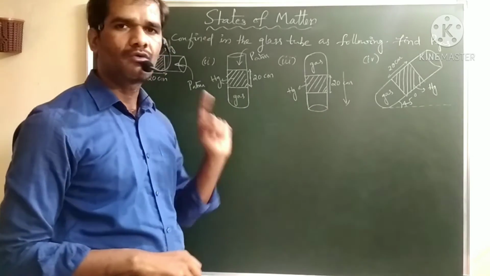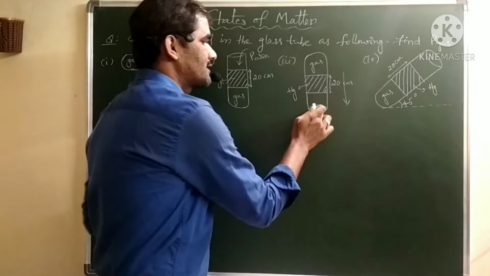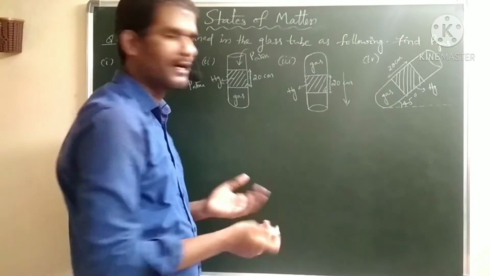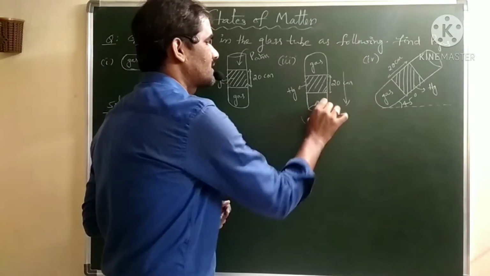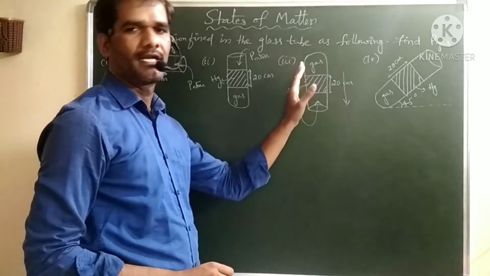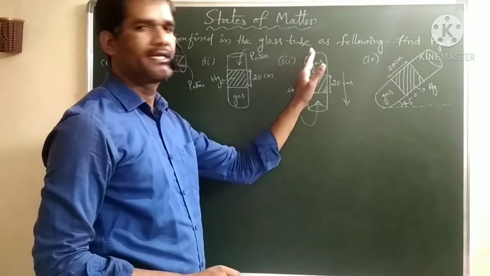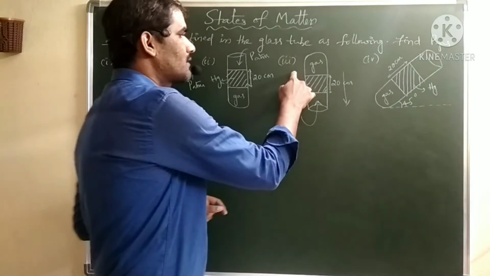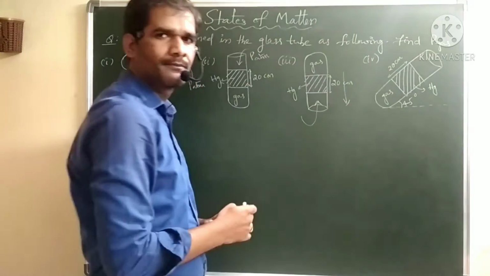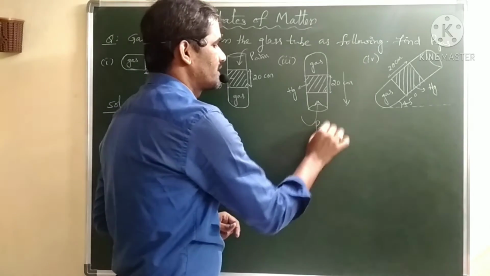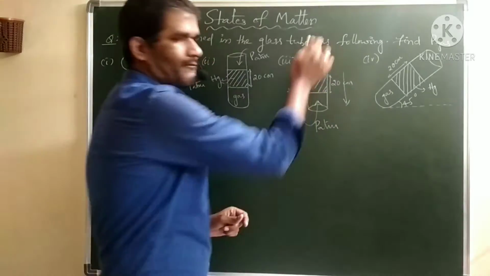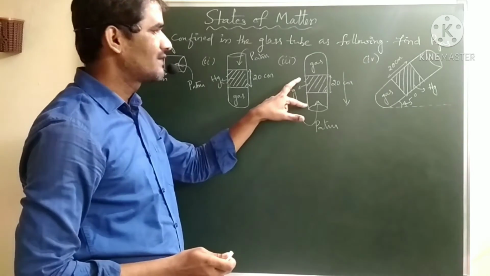Again the tube is open, so atmospheric pressure will work from the downward direction, towards the gas. The mercury pressure acts downward and the atmospheric pressure acts upward, so they partly cancel out.